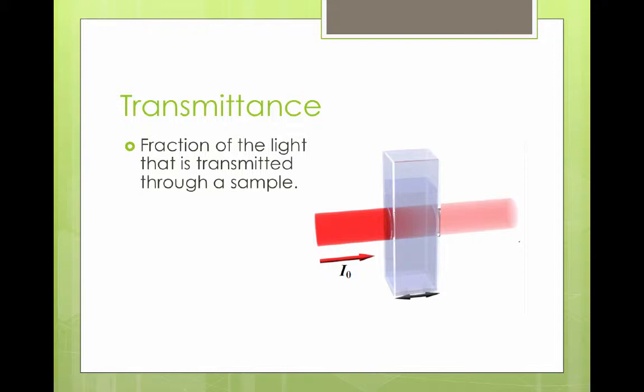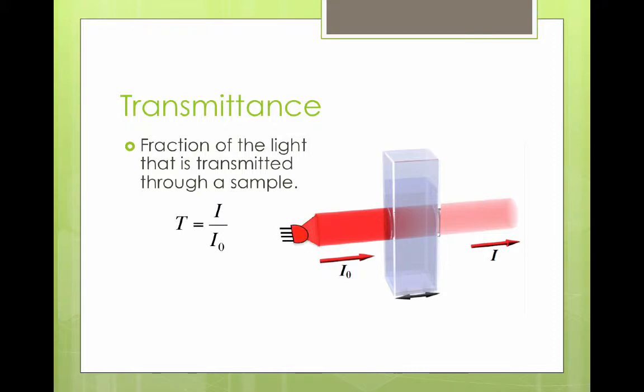Some gets absorbed and some gets refracted, and the intensity of light that is let through that sample is I. So we can define it mathematically as transmittance equals I, the intensity of light coming out of the sample, over I0, the intensity of light that goes into the sample.